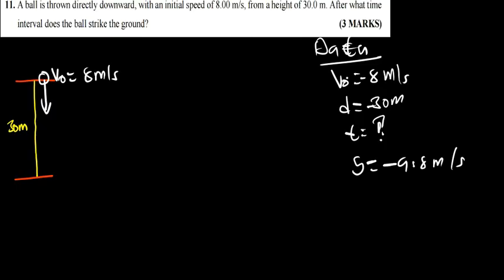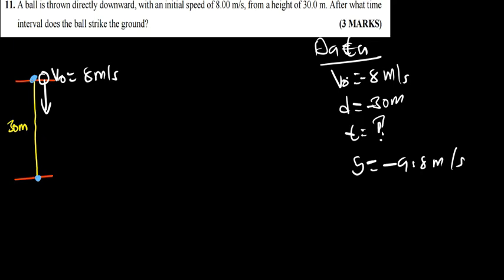Then the reason why the displacement is going to be negative as well is because the change in y, since it's in y direction, is the y final minus y initial. I want you to understand that the initial displacement is at this point, which is 30. When you reach here, the displacement is 0. So you have 0 minus 30, which is negative 30. That's the reason why it's going to be negative.